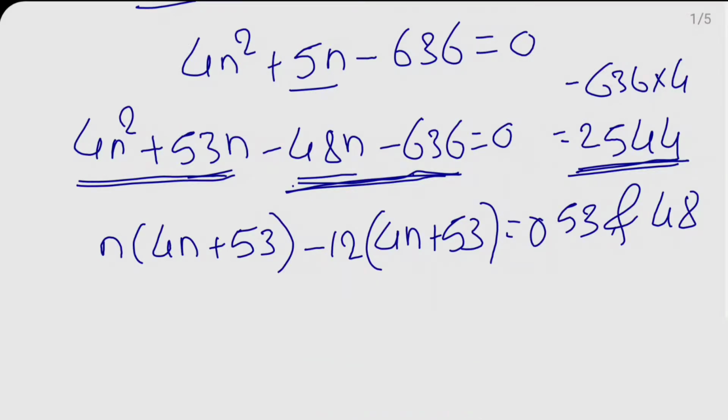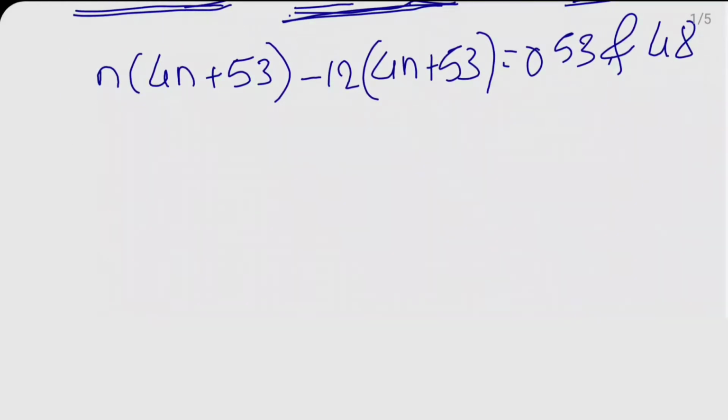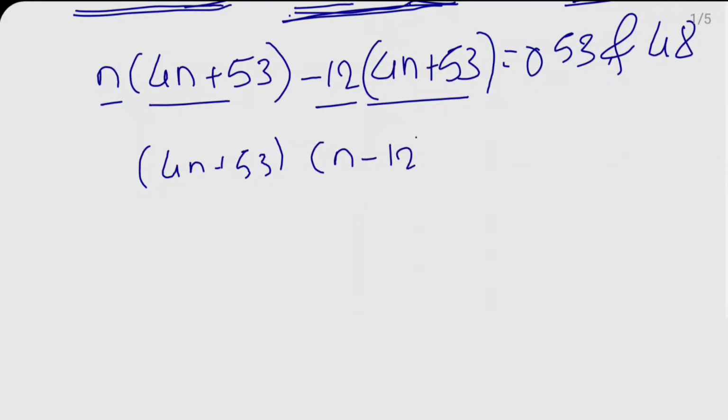Is it clear? So now these two terms are common, take outside 4n plus 53 and remaining here n minus 12, so n minus 12, and this equals 0.